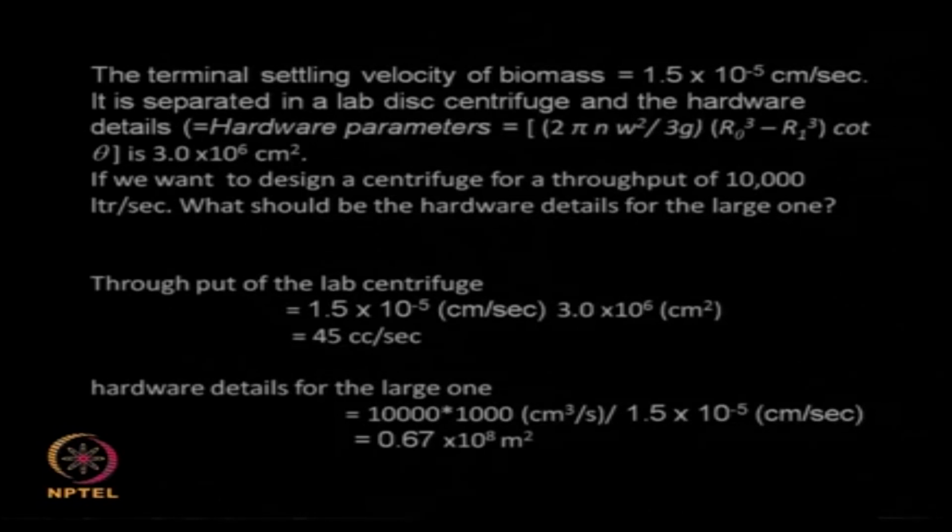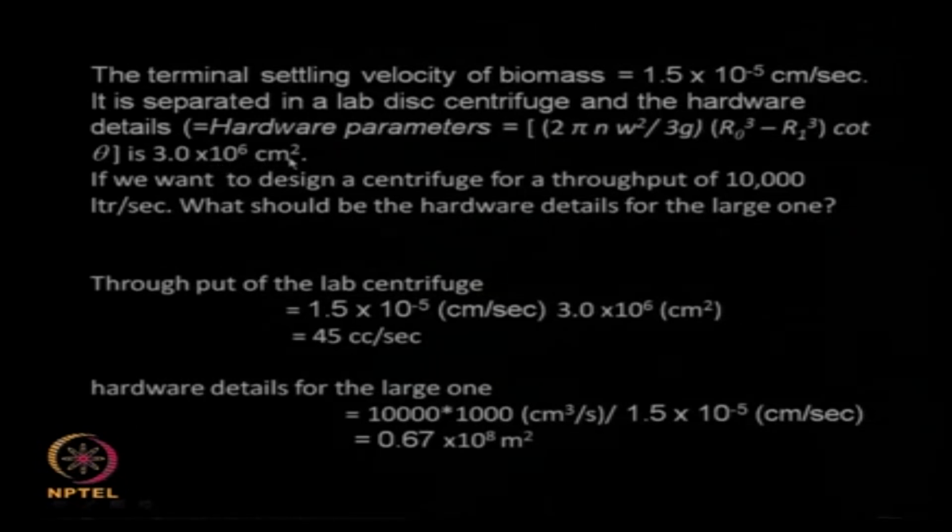Now the terminal settling velocity of a biomass is given here as 1.5 into 10 power minus 5 centimeter per second. It is separated in the lab using a disc centrifuge, and the hardware parameters, 2 pi n omega square by 3g into r0 cube minus r1 cube cot theta, is equal to 3 into 10 power 6 centimeter square.